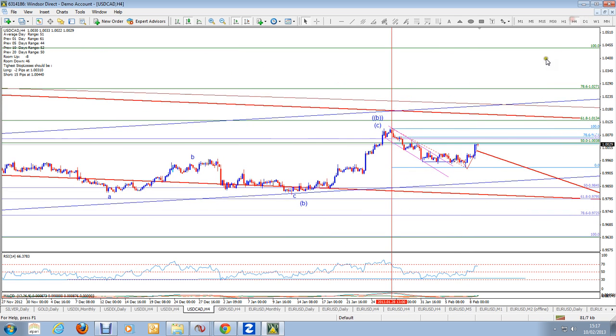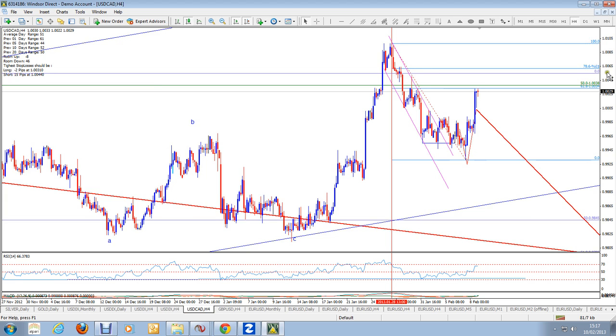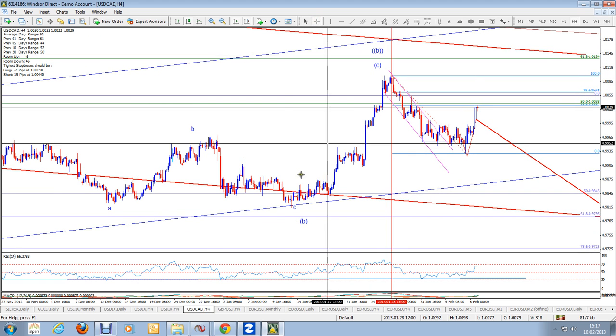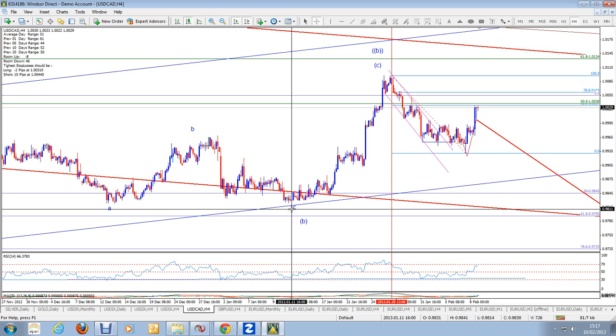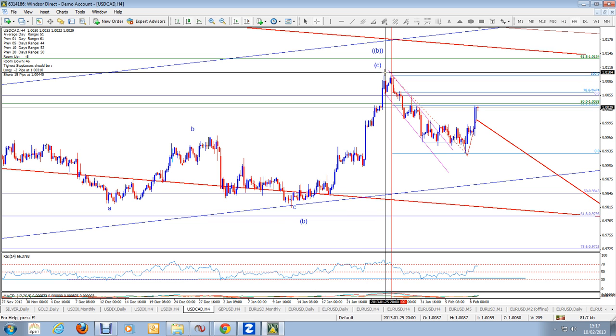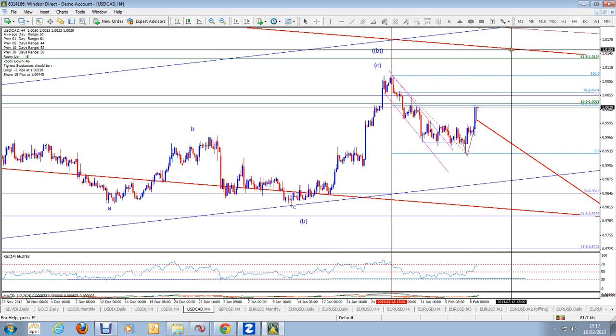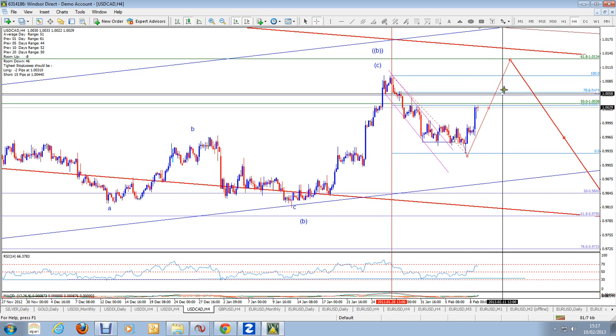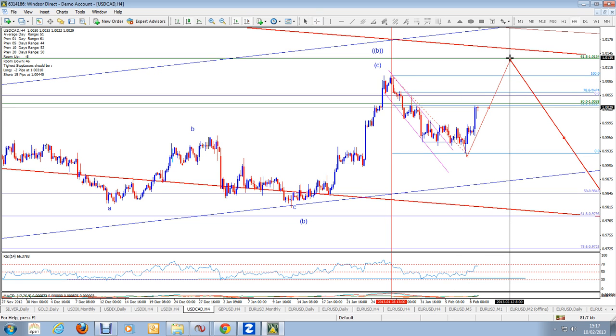So when I drop down to the 4 hour, we have either wave C done here, or from the bottom this might be wave A, this might be wave B, and we are now looking for wave C. So as we are expecting the dollar to be stronger, I suspect that the Canadian dollar will also weaken against the US dollar.